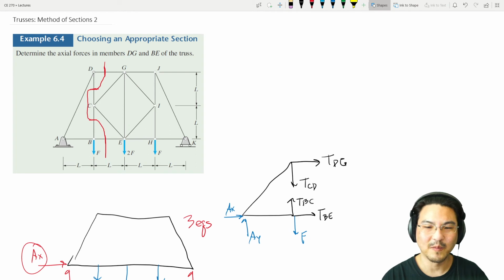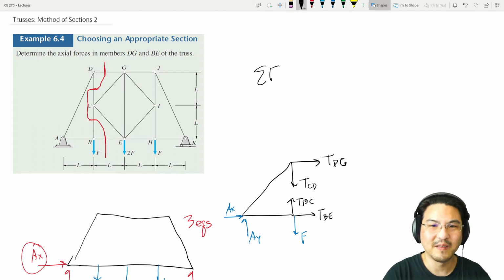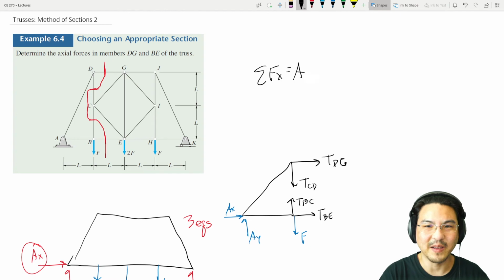So then if we sum forces in the x direction, then it's AX plus TBE plus TDG.